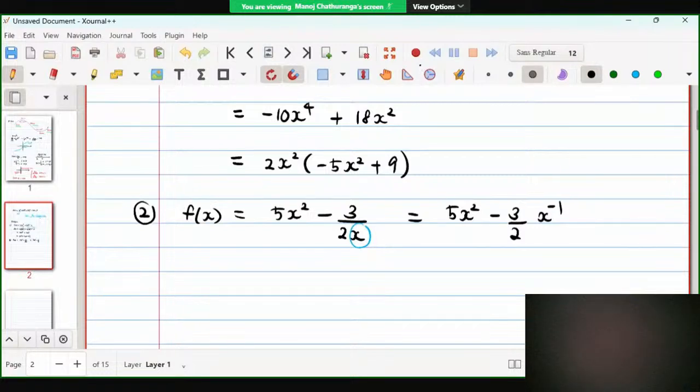Very good. Now again, separate terms. So we have two terms, and let's start differentiating them. For the first term, 5 is a constant, so let's keep it in front.